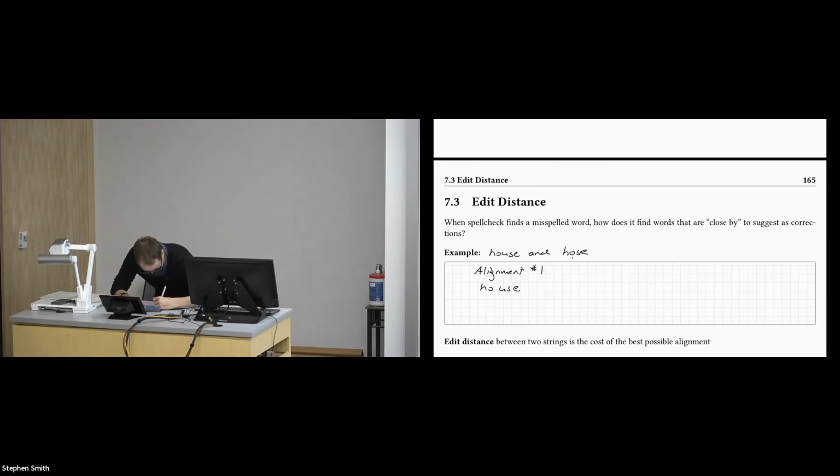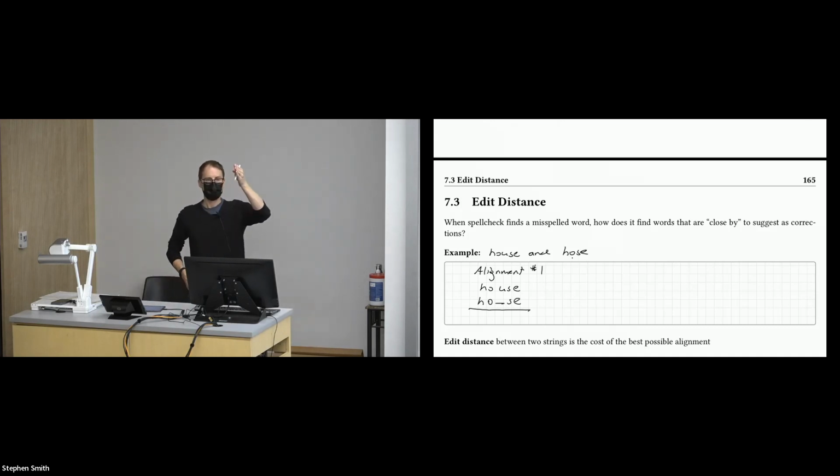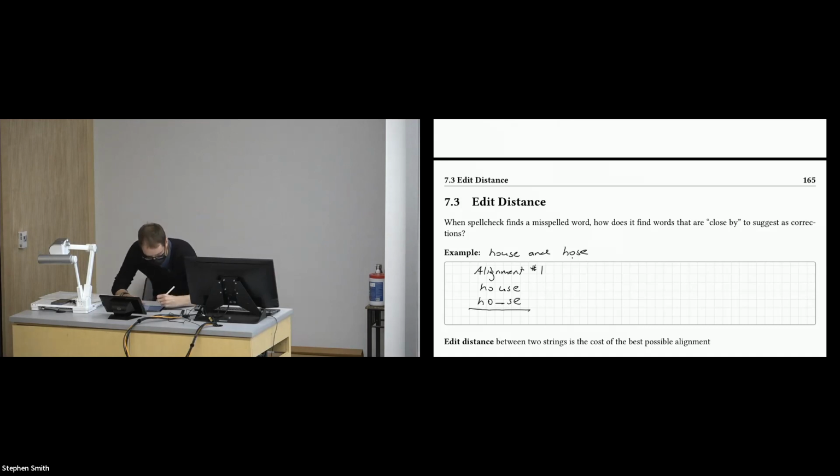So one way would be I put the H under the H, the O under the O, I insert a blank, I put an S under the S and an E under the E. And then the cost of that alignment is I just go column by column, and I incur a cost of 0 if the characters match, and a cost of one if the characters don't match. So when we go through, H matches H, O matches O, U does not match the blank that I inserted, S matches S, and E matches E. So I get a cost of 1 there.